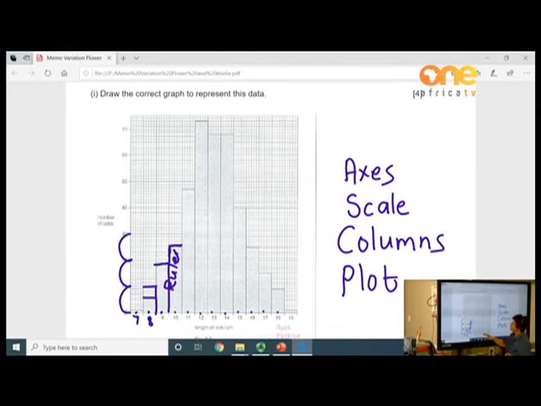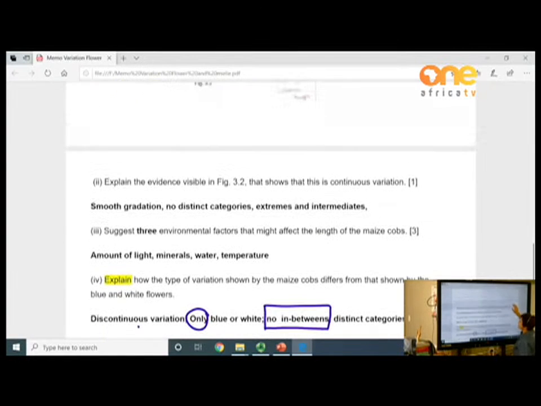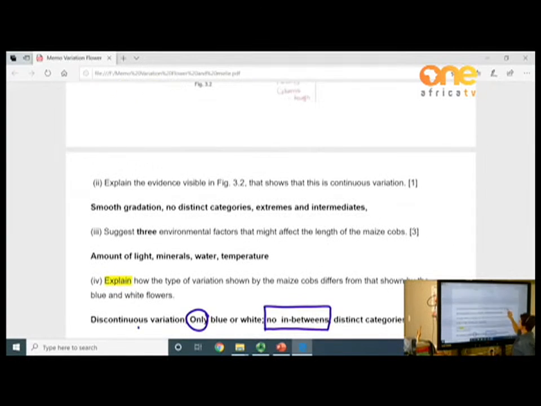And then for your plotting, that was accurate. That is where you get your marks from there. We say it is a continuous variation because there's a smooth gradation, no distinct categories. Or we can say there are extremes with intermediates.